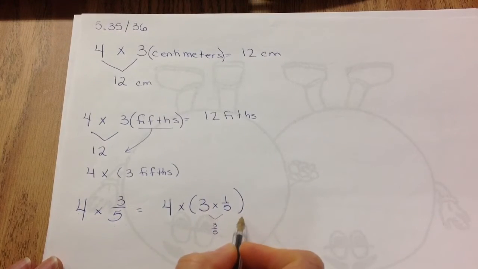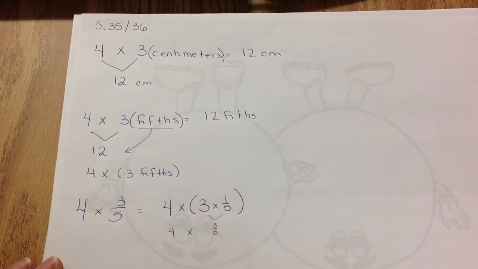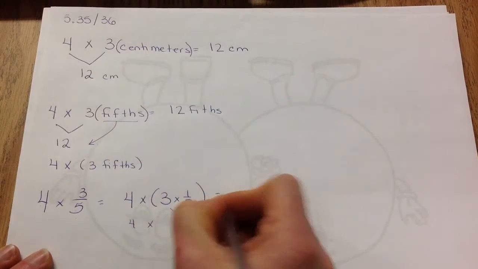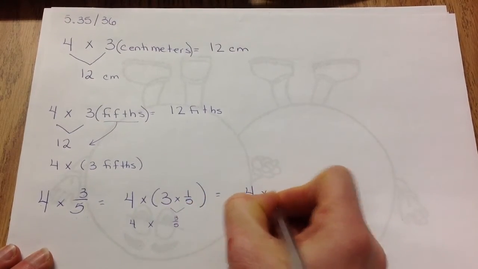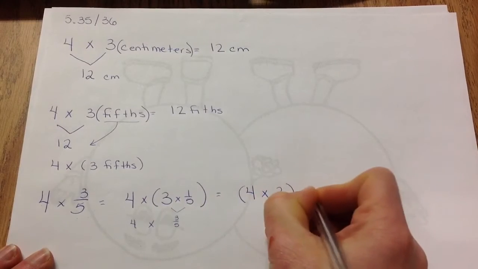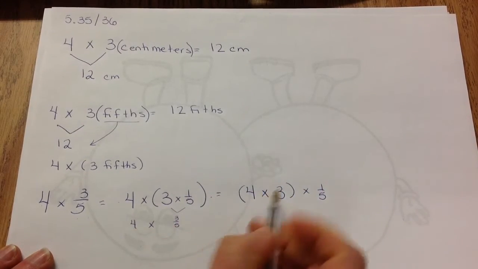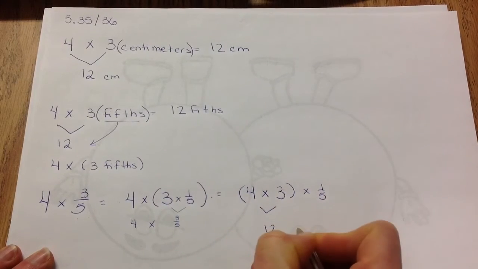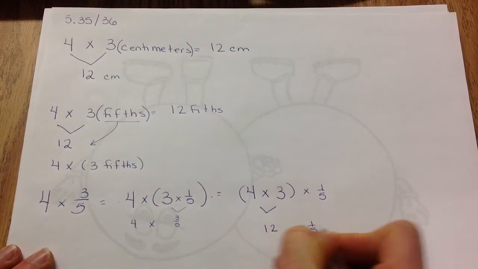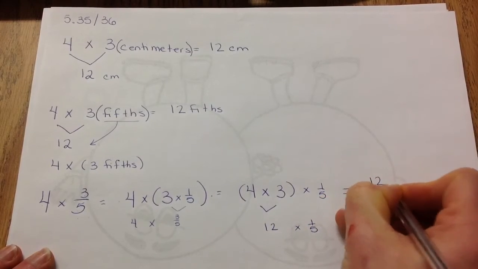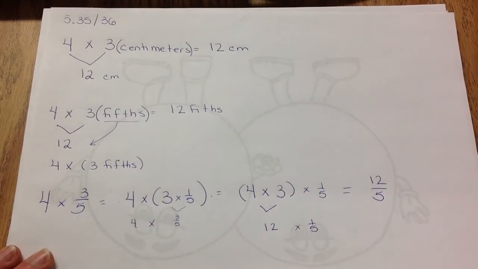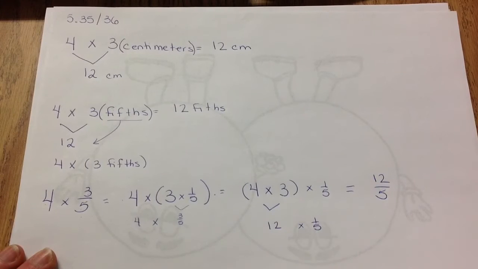If I do that, I now have 4 times 3/5, just like I had here. I can break it up again, and I can say 4 times 3 is my parentheses, times 1/5. I just move my parentheses over. 4 times 3 is 12, times 1/5, they all still equal 12 fifths. I could do it any way to come up with the same exact answer. Go ahead and get that down.